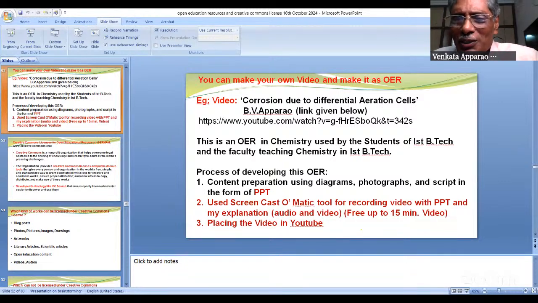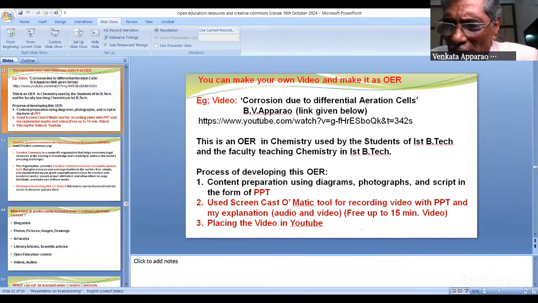Similarly, you make use of other OERs, but you can create your own OER for the benefit of others. You have a lot of ideas. You have a lot of expertise. You have a lot of knowledge. In pedagogy, you may have developed new methods. You share them with others in the form of OER.